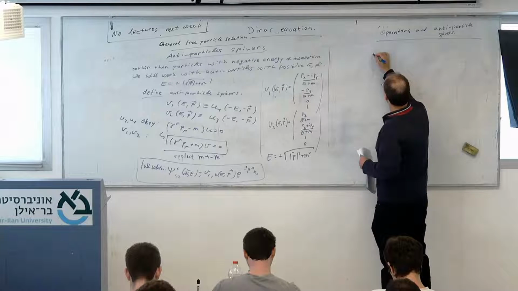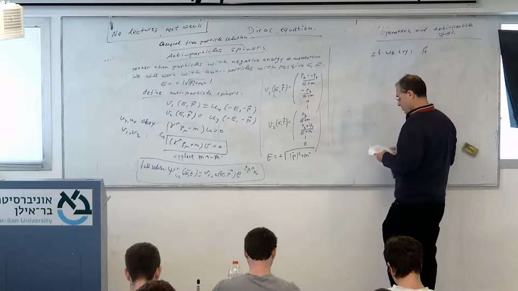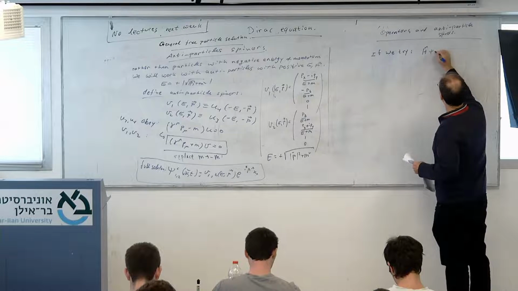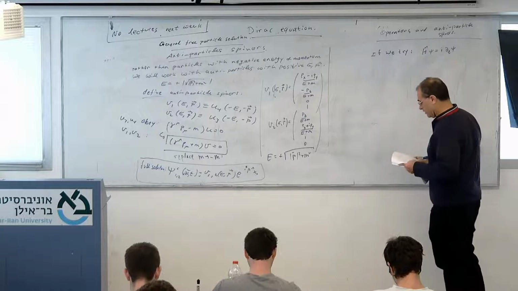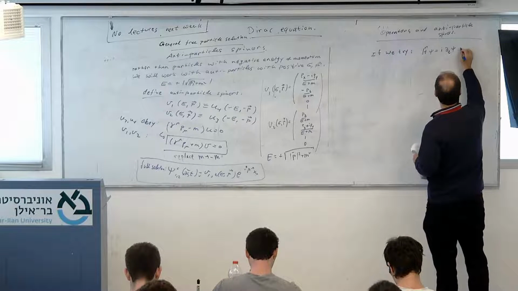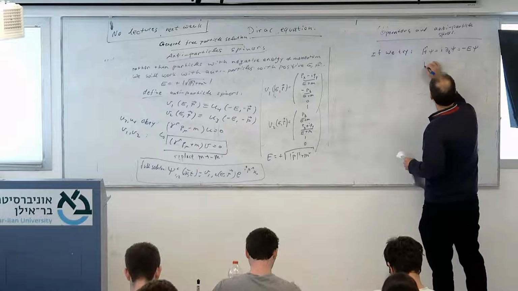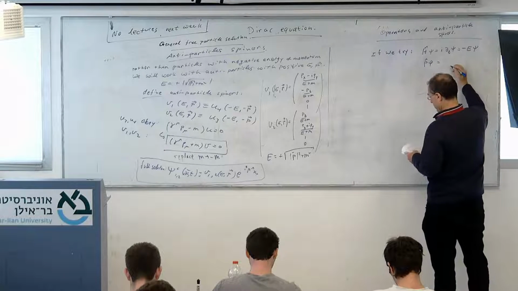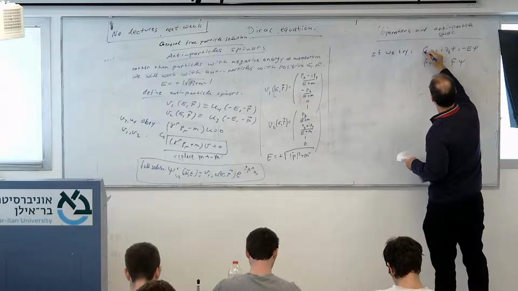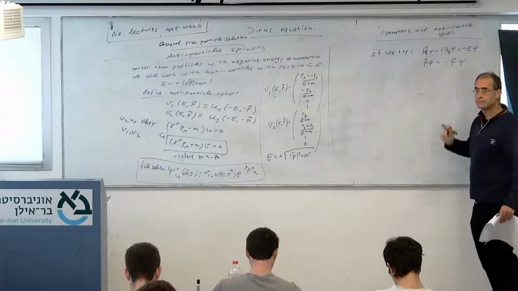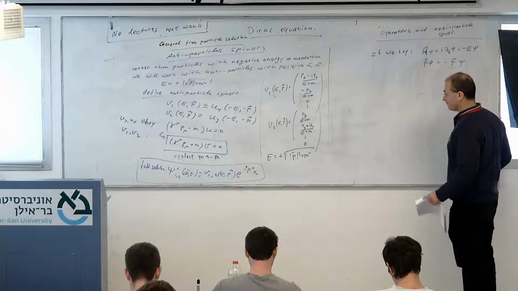So if we try H psi is i dt psi, because we have the plus sign here, we're going to get a negative, a minus e psi. It's not particularly useful. And similarly, p psi is going to give us a minus p vector psi. These are operators, right? The hat that I'm giving it.